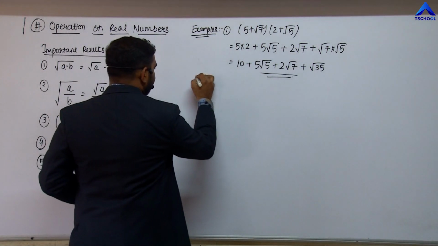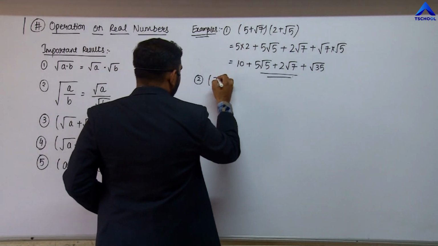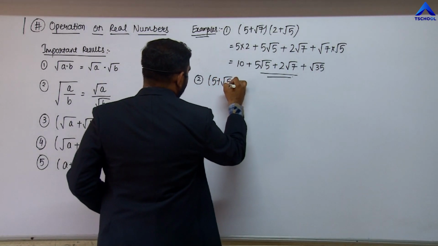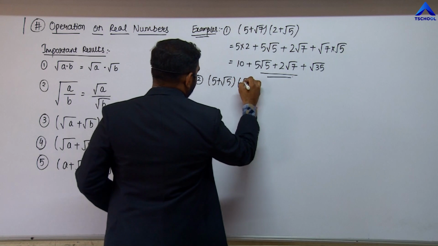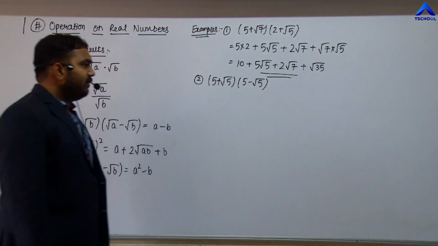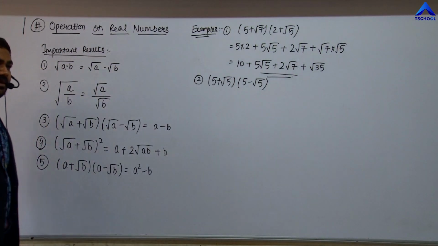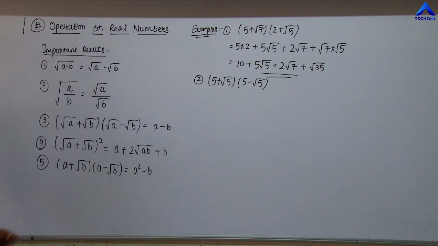The second example of the same kind is again 5 plus root 5 into 5 minus root 5. Which of the properties can you apply here? The last one.